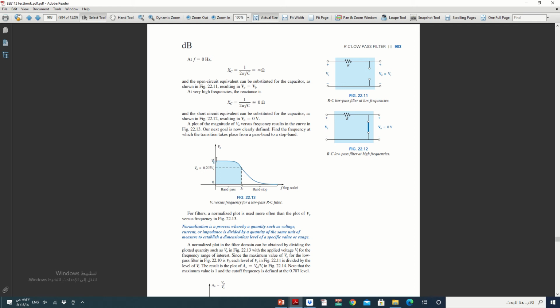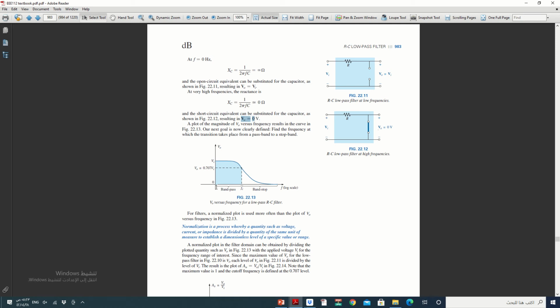But what if we substitute a high frequency? You will get almost zero reactance, because this side will act as a short circuit. Then V out equals 0.